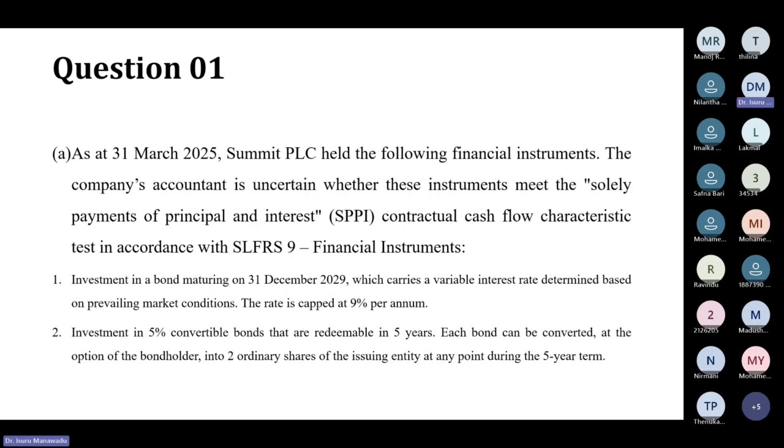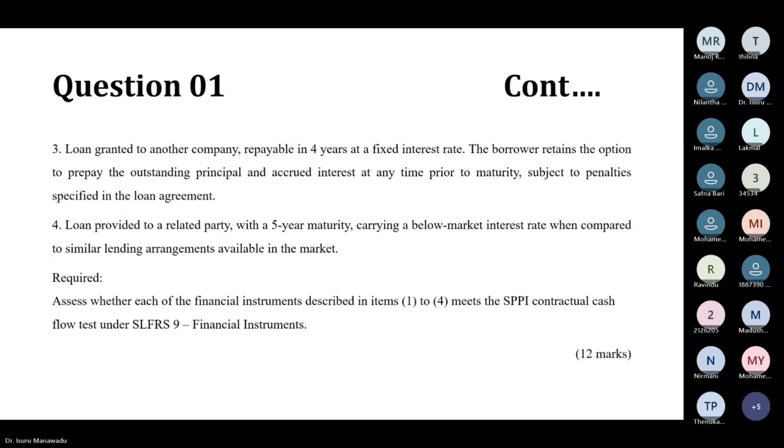Now, here we are talking about interest and principal on the principal outstanding. So here they're talking about conversion. Now, you can recall what you wrote in the exam. What did you write? Whether this is covered or passes the test, the interest and capital outstanding test, for this conversion. So there is a 5% convertible bond. Right. We'll read the third one.